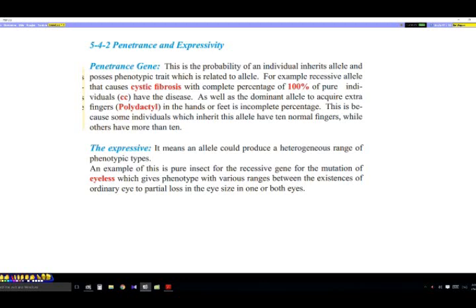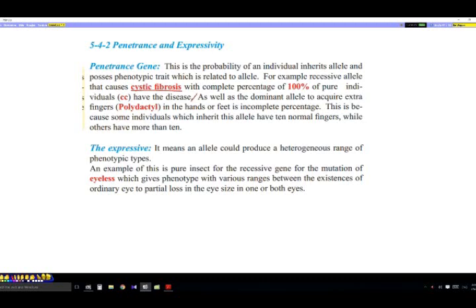For example, the recessive allele that causes cystic fibrosis, a respiratory disease of the lungs, has complete penetrance: 100% of pure individuals have the disease.